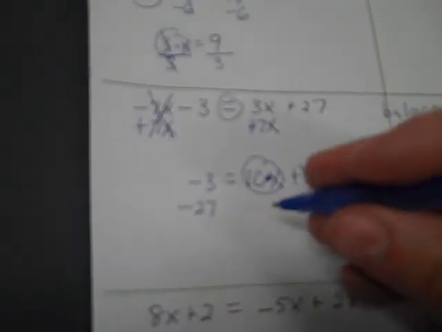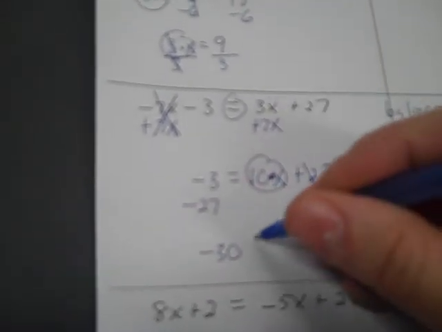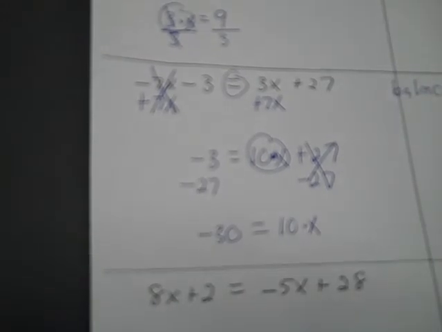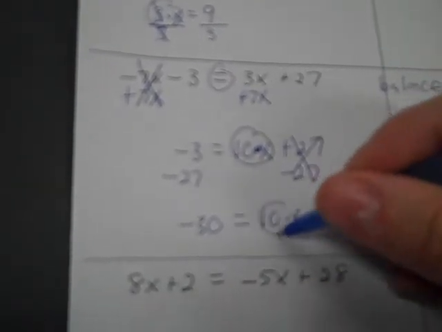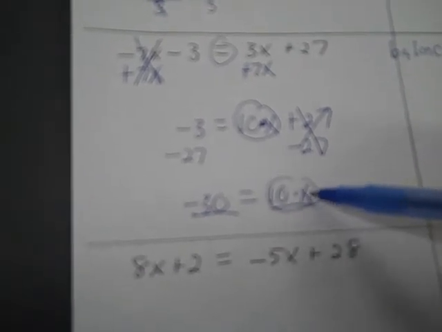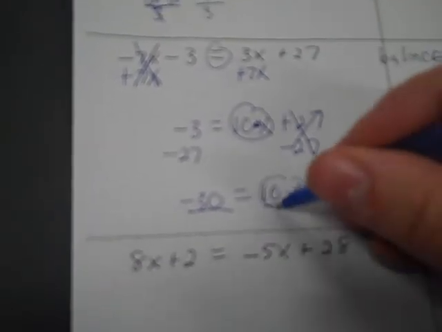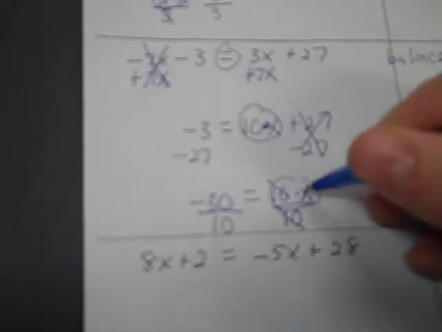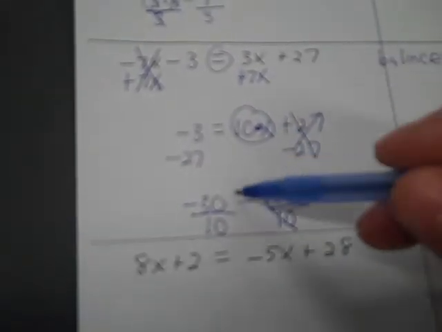Negative 3 minus 27 is negative 30. I'm not going to travel 27 places. That takes forever. And then we divide by the value that's multiplied by x, which in this instance is the 10. Because now the x is by itself, and x equals negative 30 divided by 10, which is negative 3.